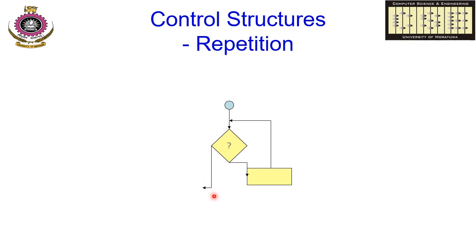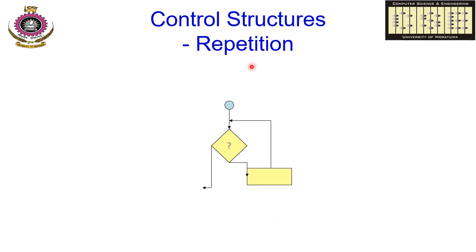So what happens afterwards? There will be some lines of code after this, some set of operations, and those will get executed. So this is a kind of a code block. There was some code before this block, and there will be some code after this block.